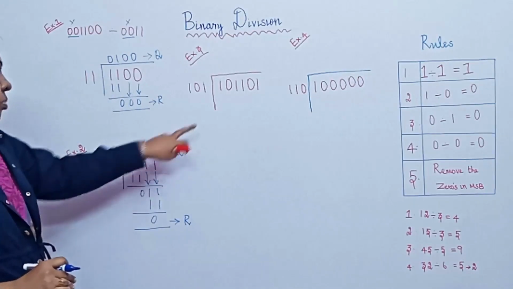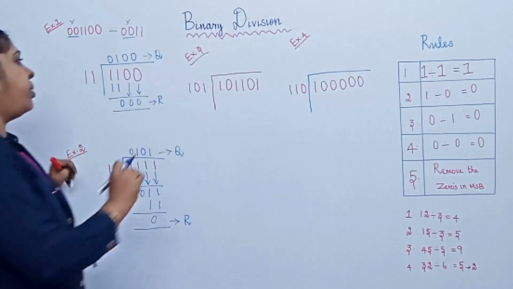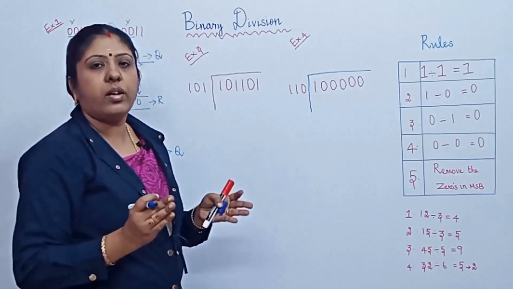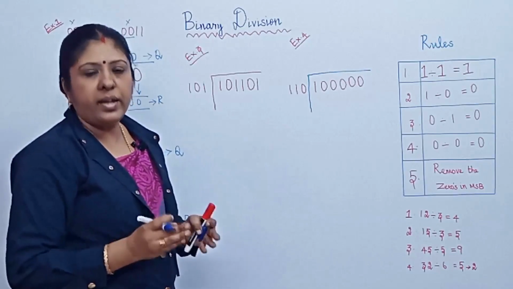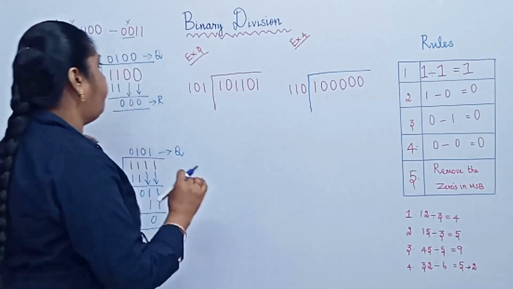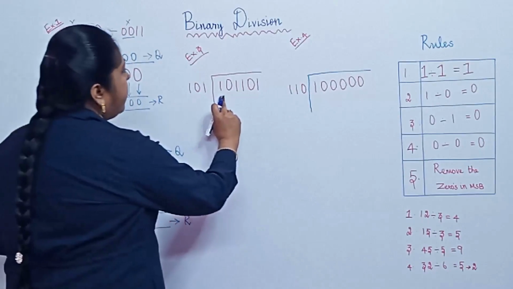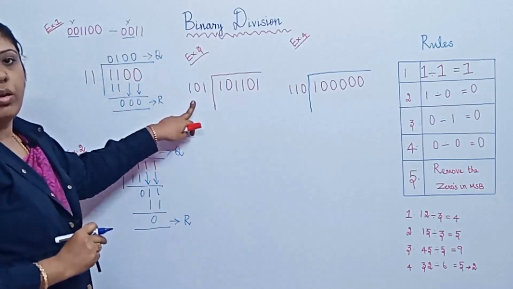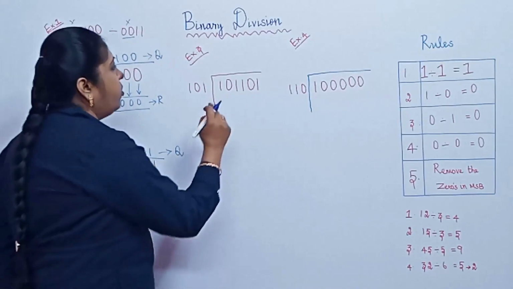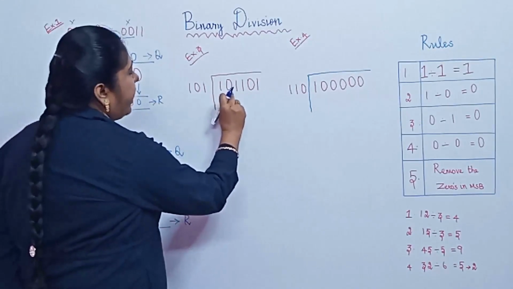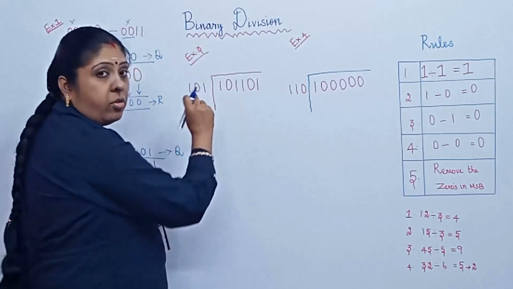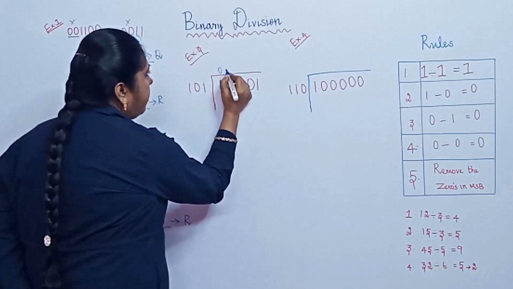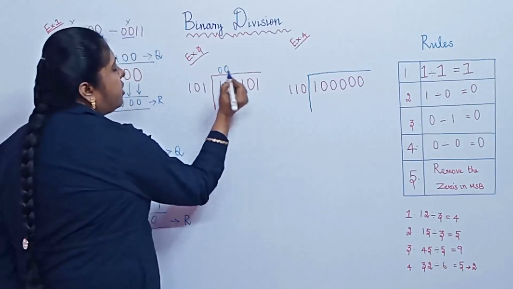Okay, now moving on to example 3. I am solving 4 examples so you can get confidence and clarity about binary division. The third example is 101101 divided by 101. The first digit is 1, the second digit 0. This is already 101. We have 3 binary digits, so it cannot be divided. So we place 2 zeros.